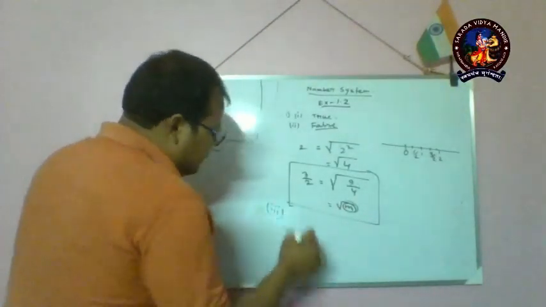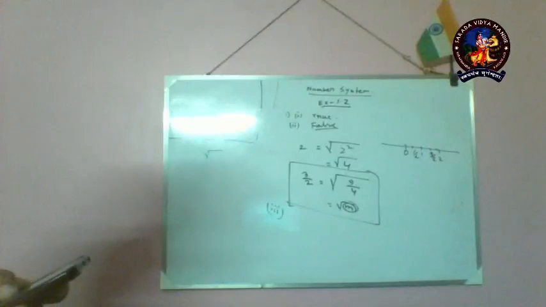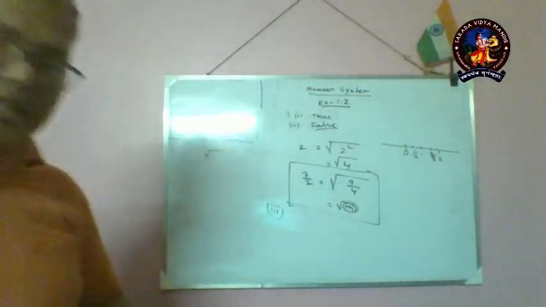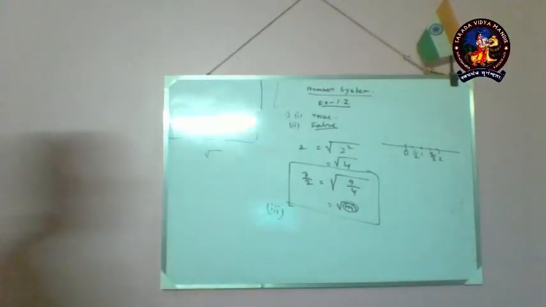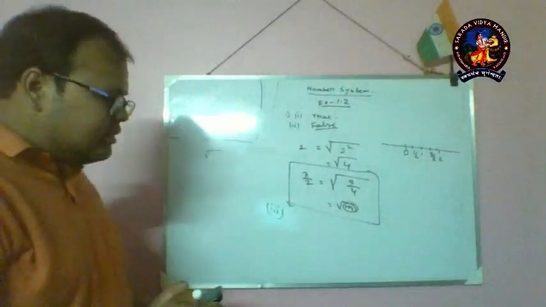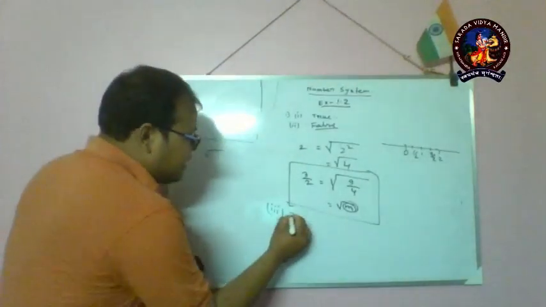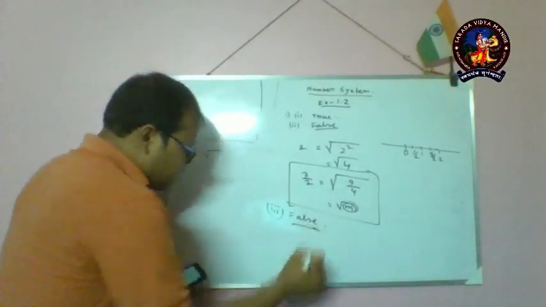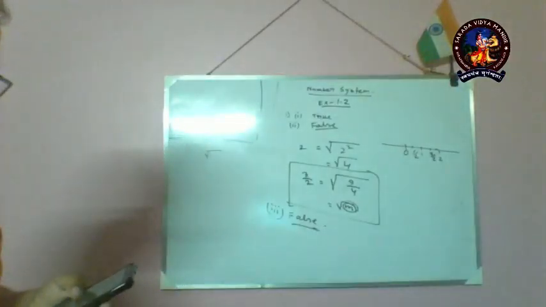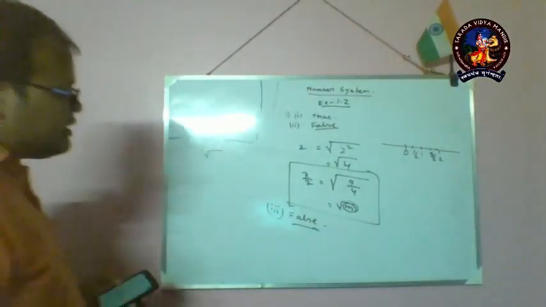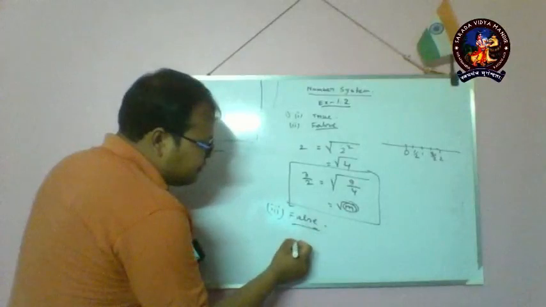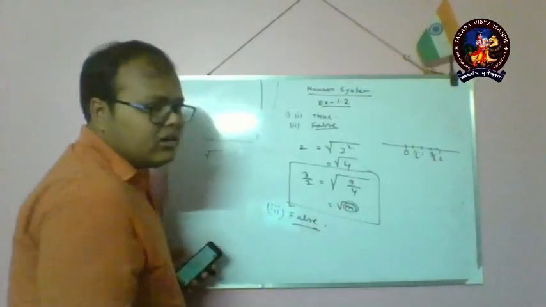Next, number 3: every real number is an irrational number. No, it is not true, because rational numbers are also there. Just give one counter example for that, it is false. Again, read the question: every real number is an irrational number. So for a counter example you have to choose one real number which is not irrational.